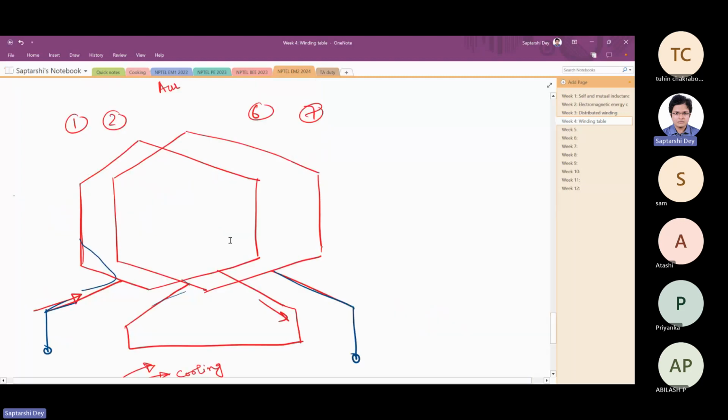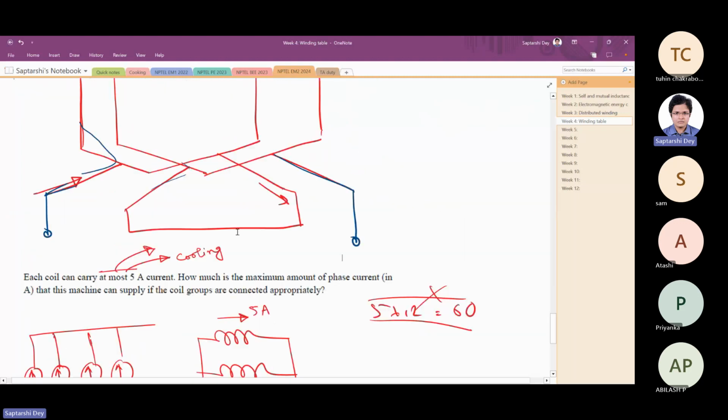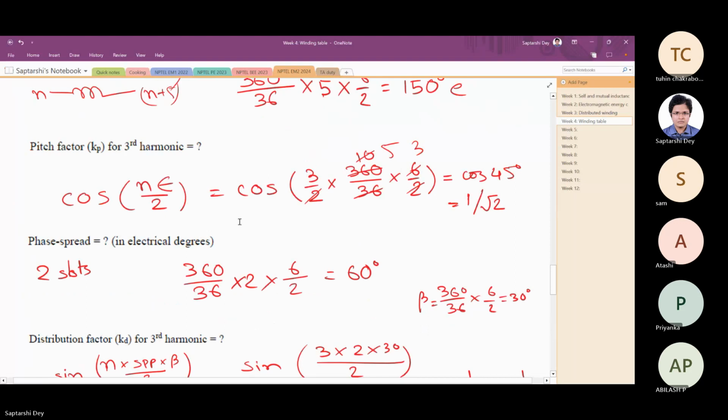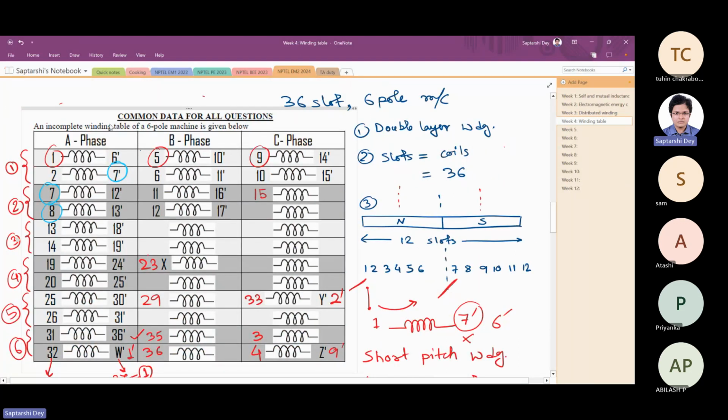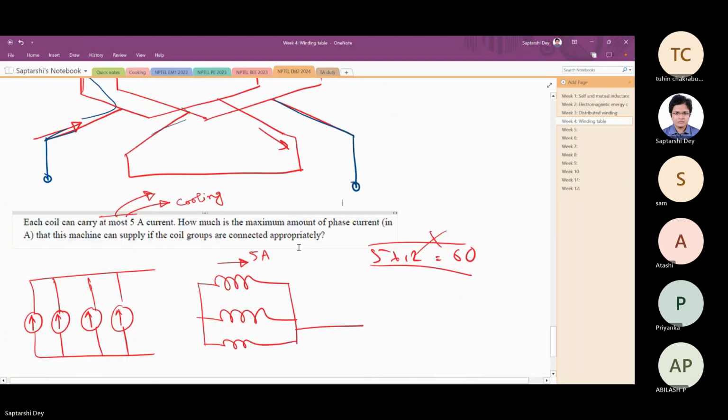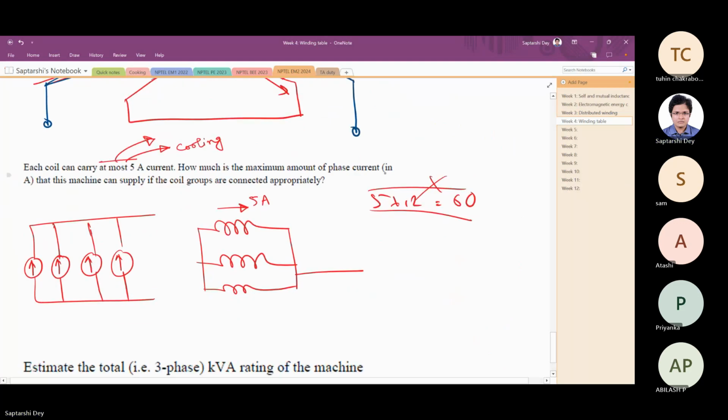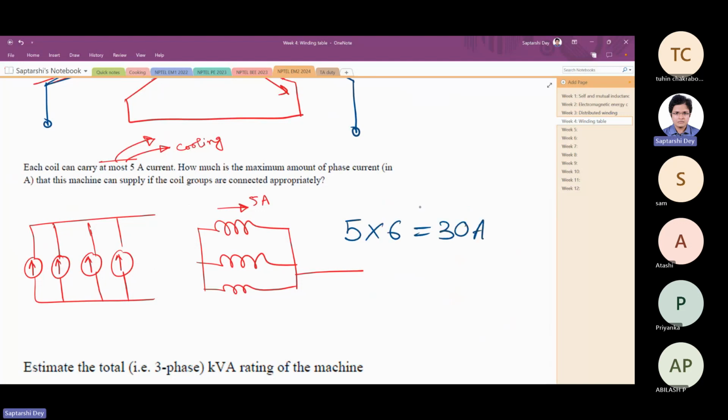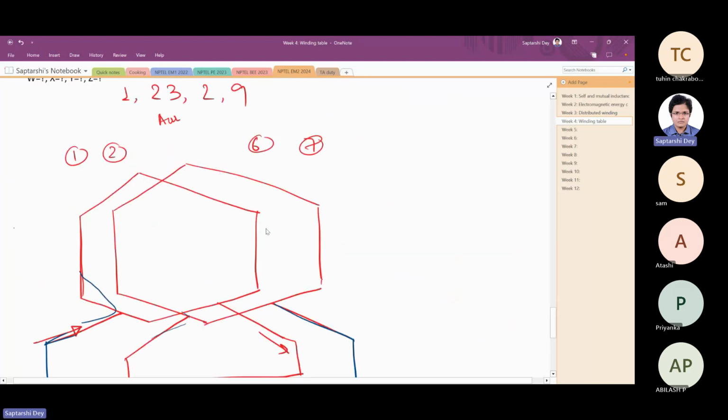So a coil group is wound like this, and you have 6 such. So the maximum that you can have is 5 into 6, 30 ampere, but this is still not correct. Or is it correct? No, it is correct.